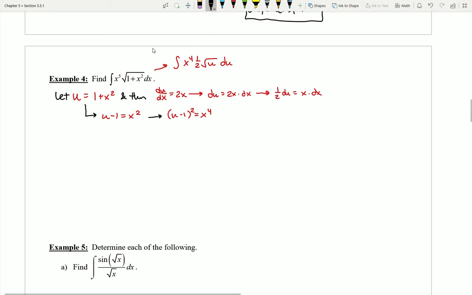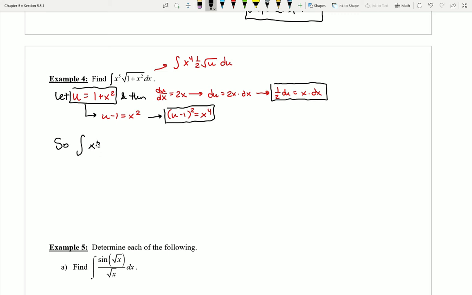And so if I was to take this piece of information, this piece of information, and this piece of information all at once, I think I could make a substitution. Let's see how this would work. I would have x to the 5th power, square root of 1 plus x squared dx. I'll slowly change some things out. First, I'm going to rewrite this as x to the 4th power times x, and the square root of 1 plus x squared.